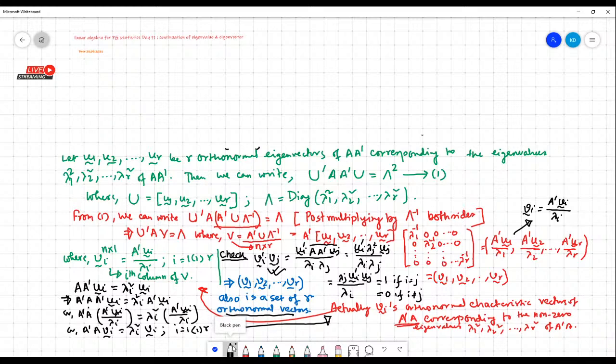Now define two orthogonal matrices, P whose order is m cross m and Q whose order is n cross n, as follows.